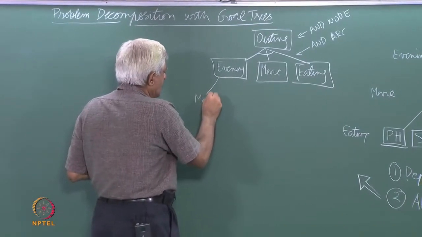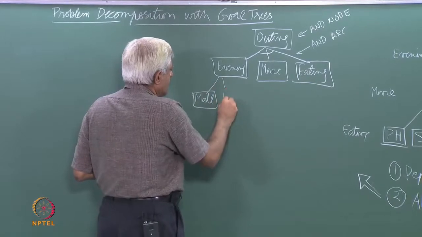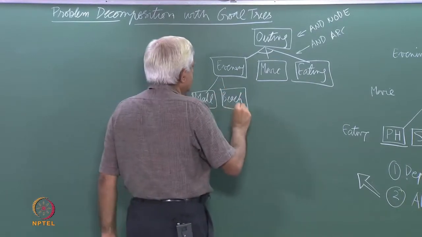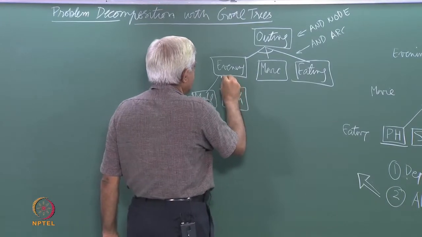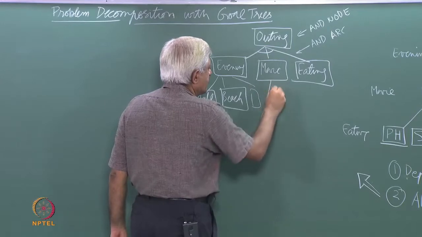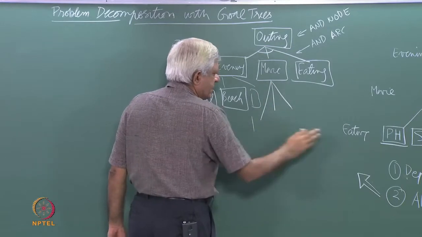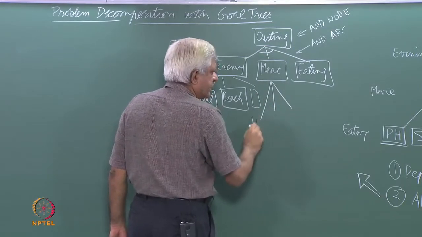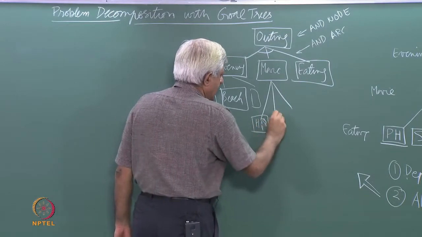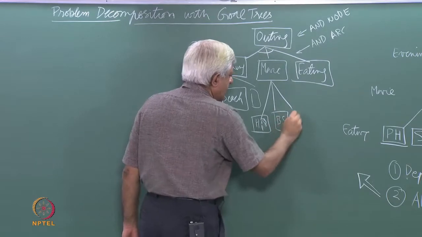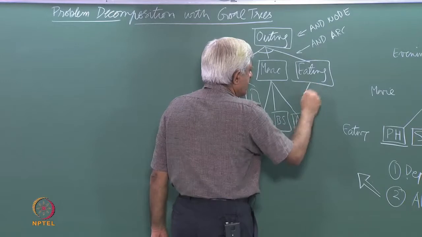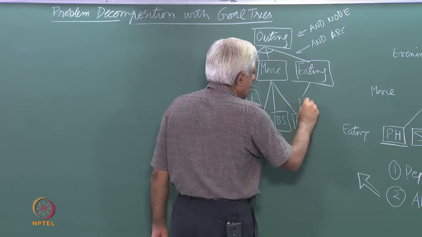So, let us say mall and beach and maybe some other choice, it does not matter. Then we have these 3 choices for the movie, Harry Potter, Bhuvanshom and AI, and then we have these 3 choices for the restaurant.